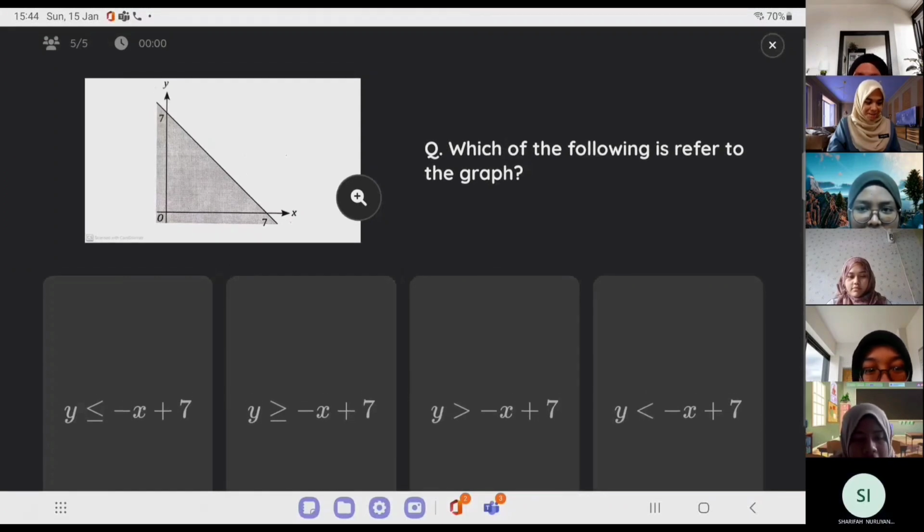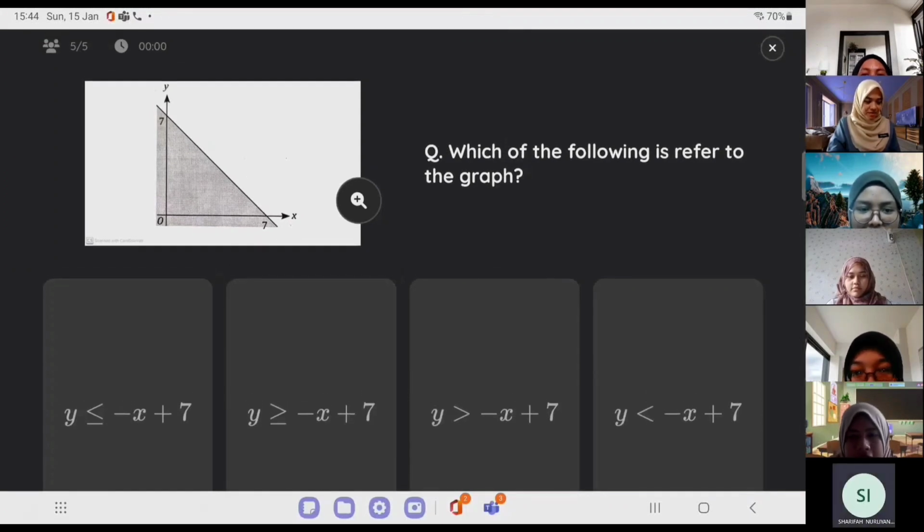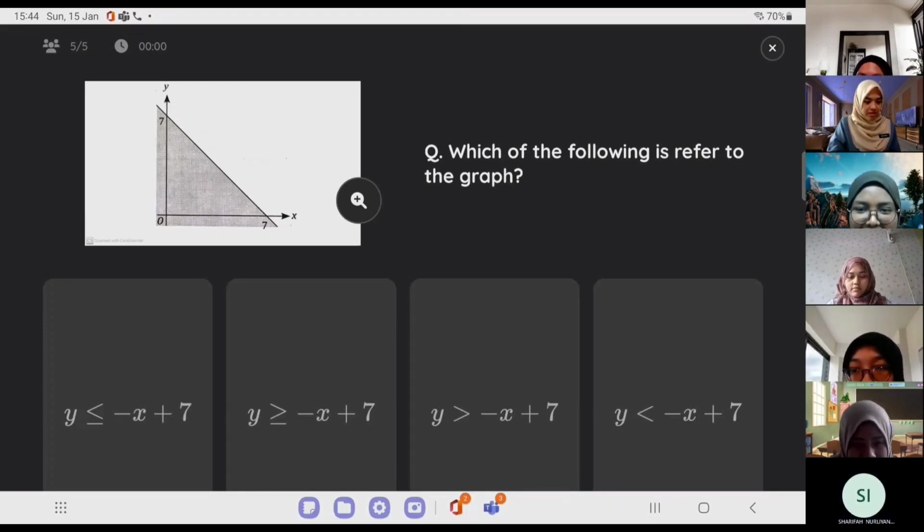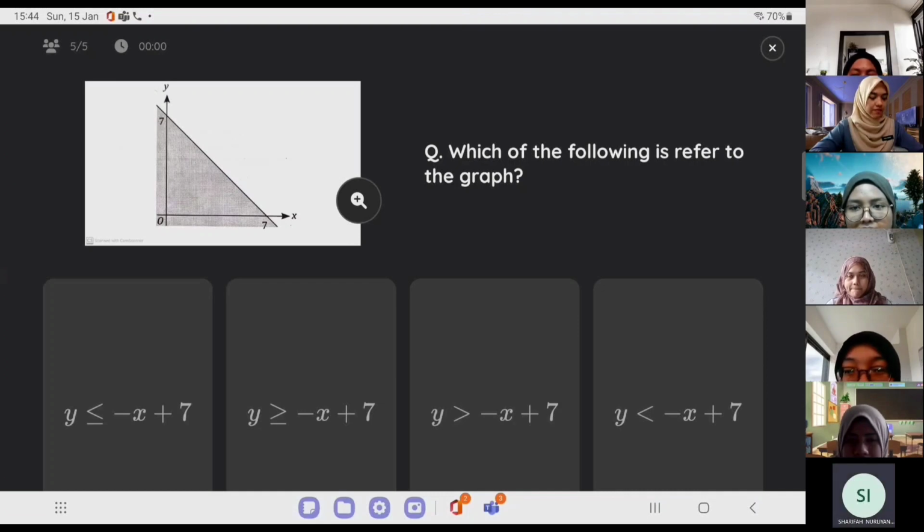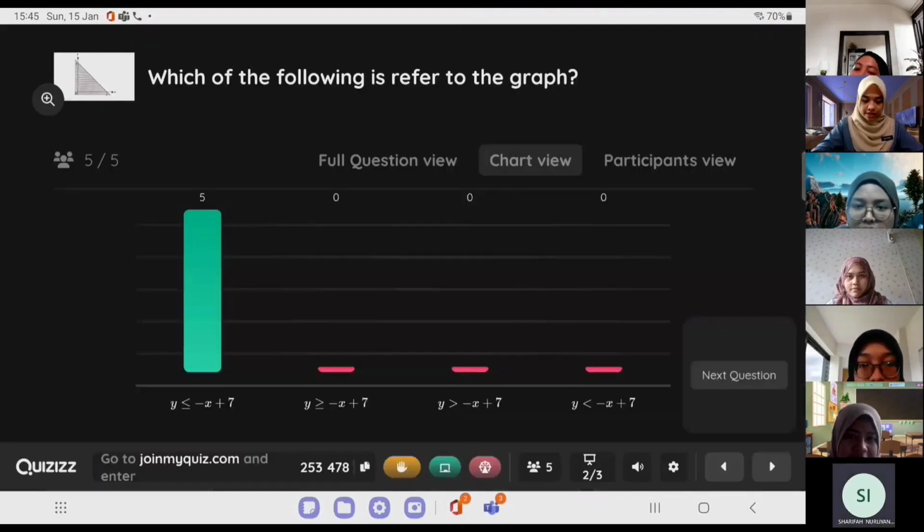The line is solid, and then we need to choose the equation with the less than, and the shaded region is below the graph. So the answer is the first one. The symbol is less than or equal, right? Yes, so we use the solid line. All right, let's move on to the last question.